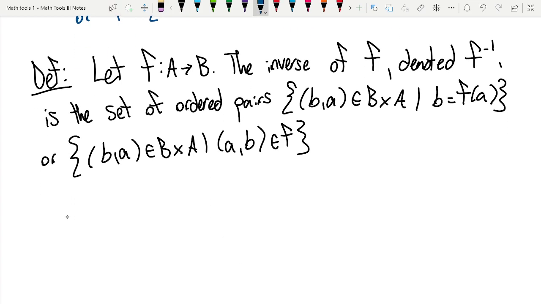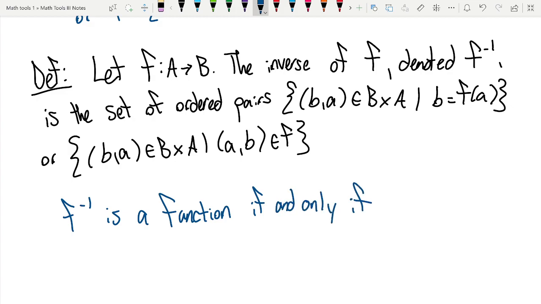So let me write down that f inverse is a function if and only if, and this part might actually be a little surprising, f is a bijection. Okay, so not just the injection.